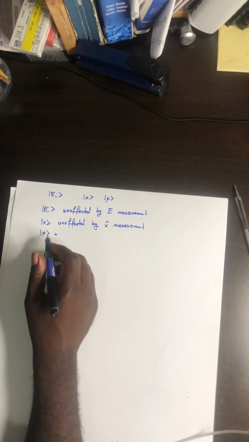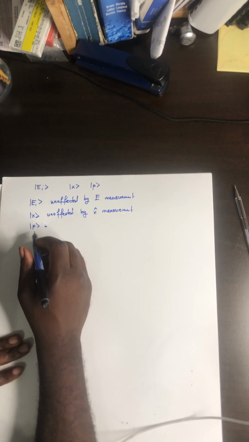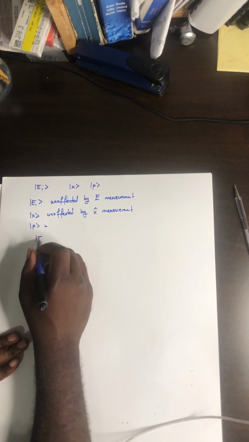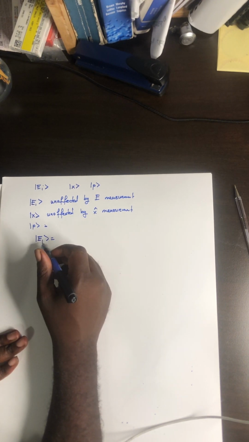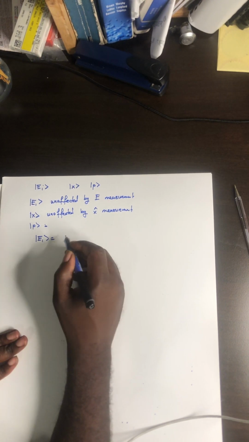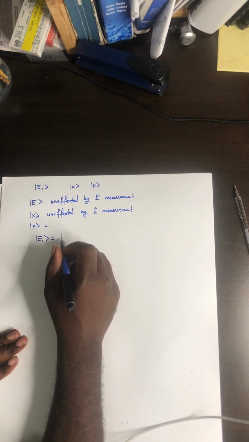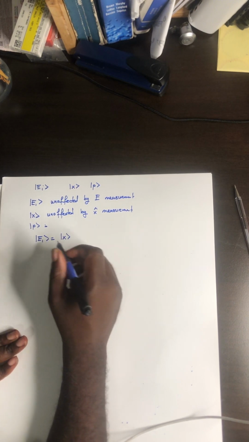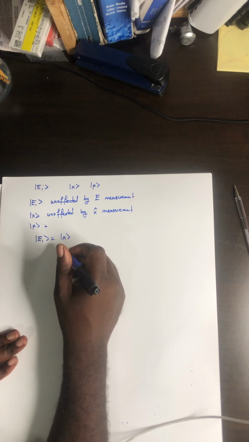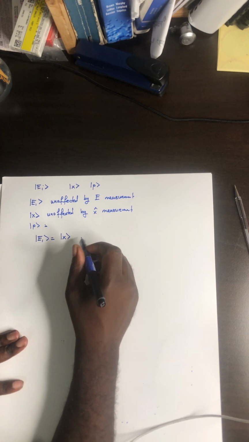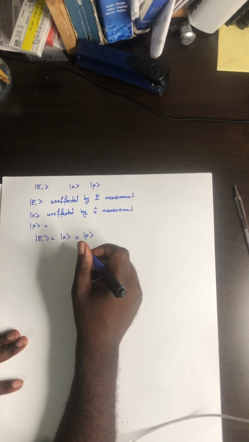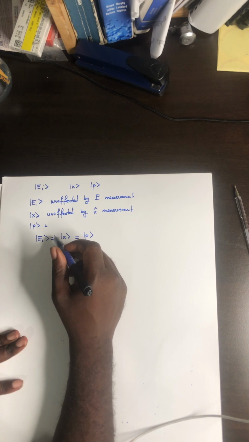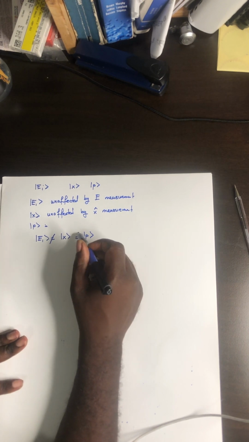However, what's important is this: the state EI in which you are certain to measure energy EI, and the state X where you are certain to measure an outcome of position to be X, and the state P where you are certain to produce an outcome P for the measurement of momentum, are not the same.